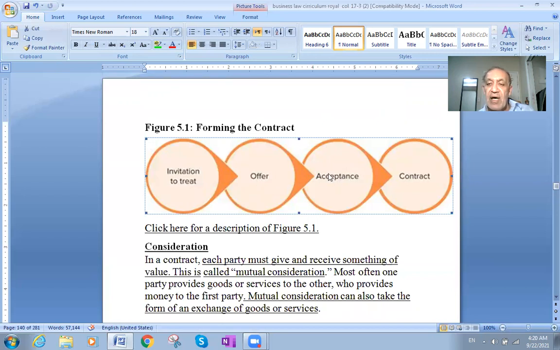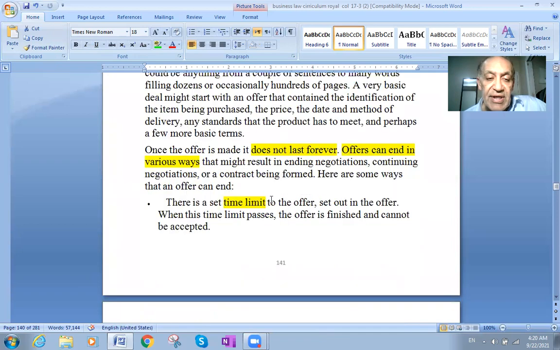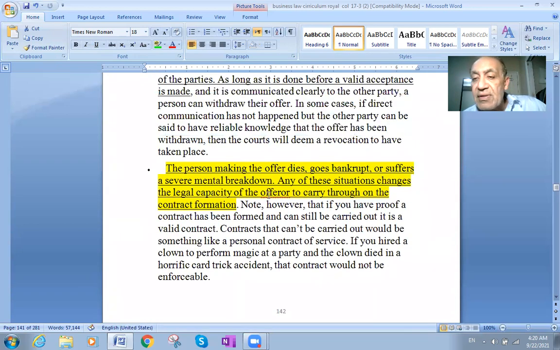Once the offeree accepts the offer, then it will become a contract. And we said the consideration is the point, the object of the contract.